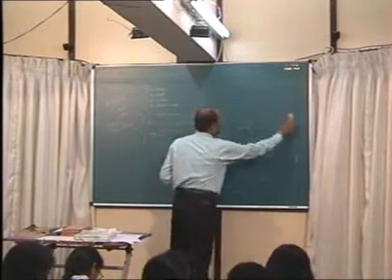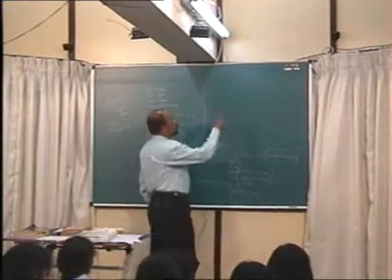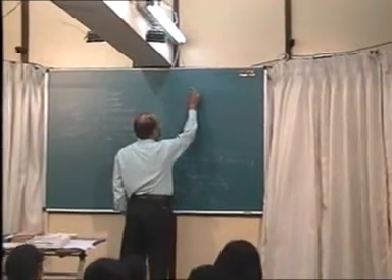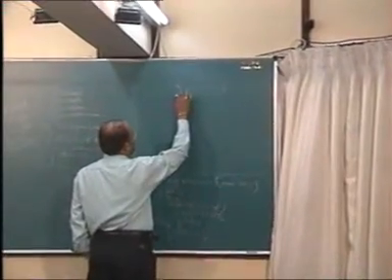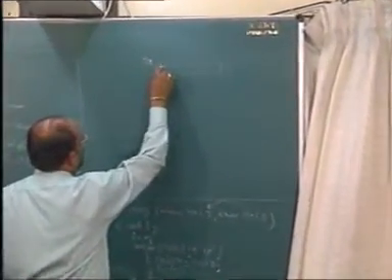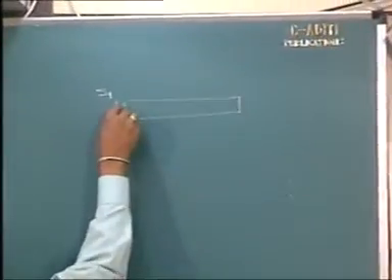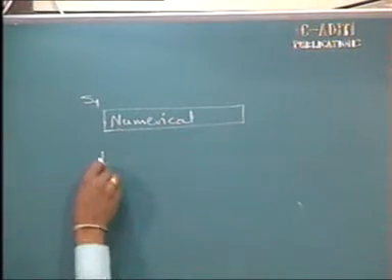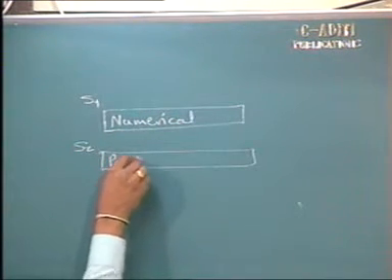Now let us write the next function, which is called concatenation of 2 strings. For example, if string s1 contains, say, numerical, and string s2 contains programming.